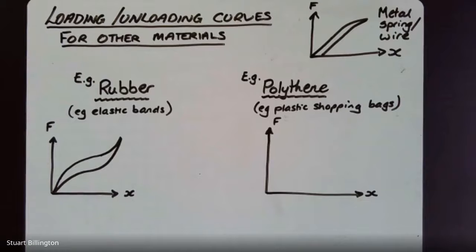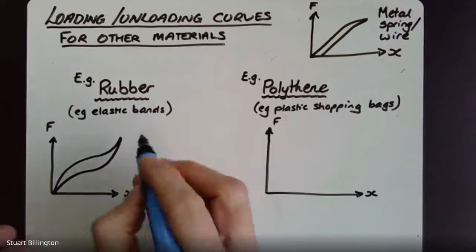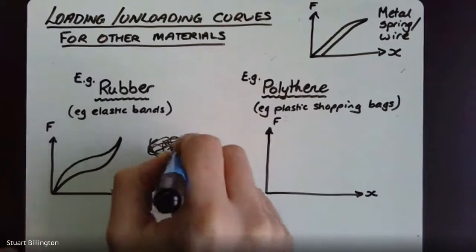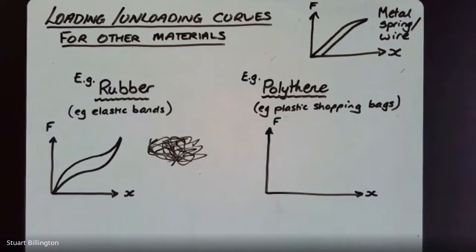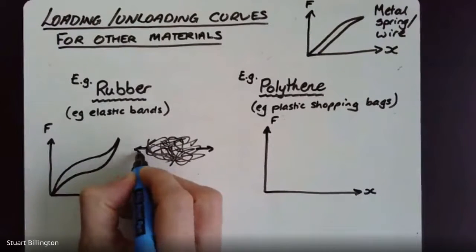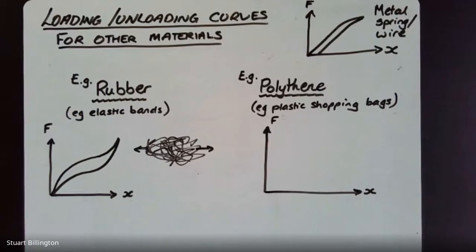Now, that's interesting, but it becomes more interesting when we ask, well, what is it that's going on? So rubber is made up of lots of long polymers that are all tangled up together in a big chaotic mess. And what happens when you then pull on the ends of this is that you a little bit try to untangle the elastic bands.